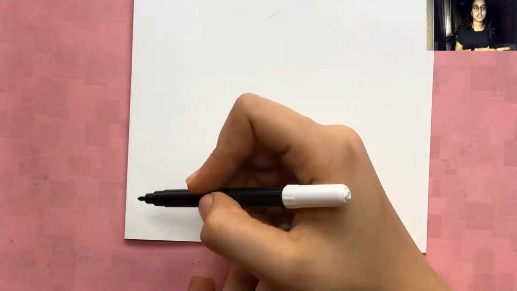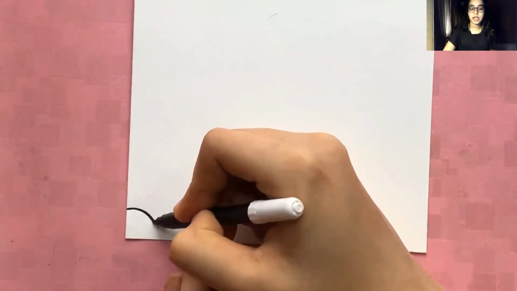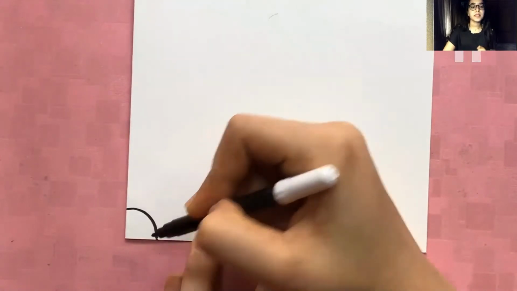Okay, so just folding on the right side, the opening on the right side, and on the left bottom, we are just going to start drawing. Okay, let's get started now. On the left bottom corner, first just drawing this curved line, a simple curved line.